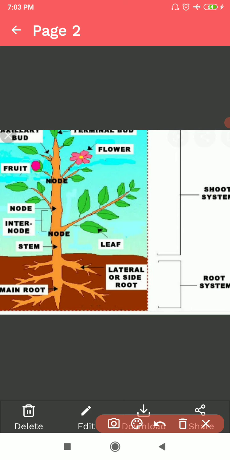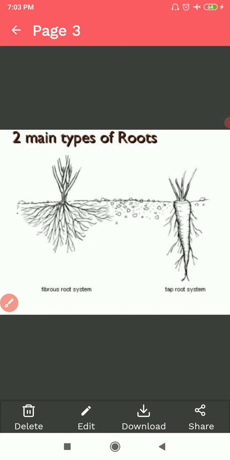The roots of a plant generally grow below the soil. They hold the plants firmly to the ground. There are two main types of roots, the taproot and the fibrous root.